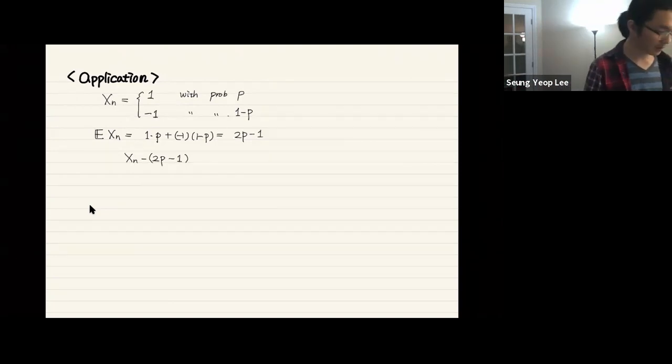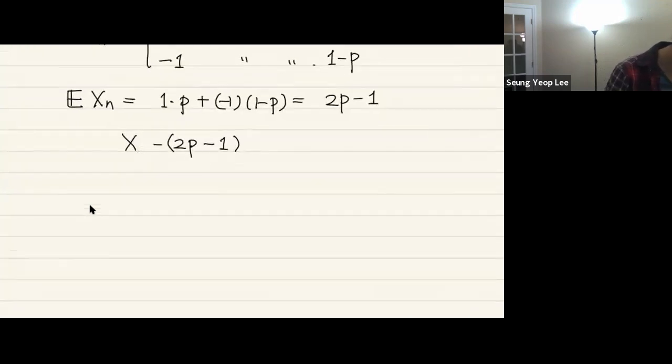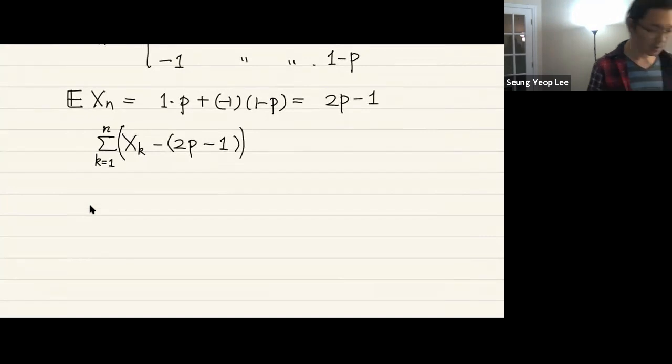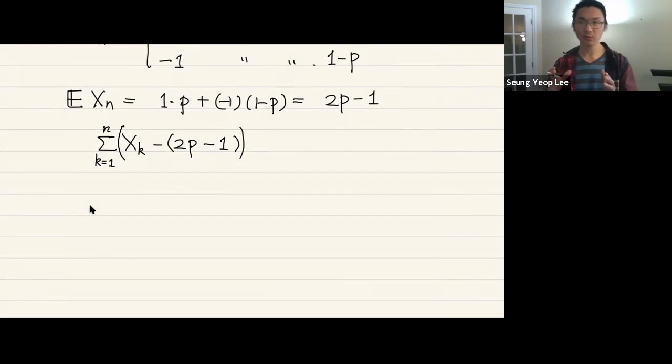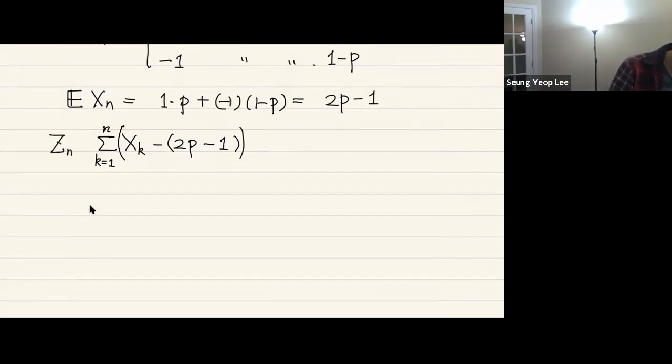Actually, I will change this n to k because I want to sum the whole thing over k from 1 to n. Those xk minus (2p minus 1) I will consider as increments, and I will define Zn by this random variable.